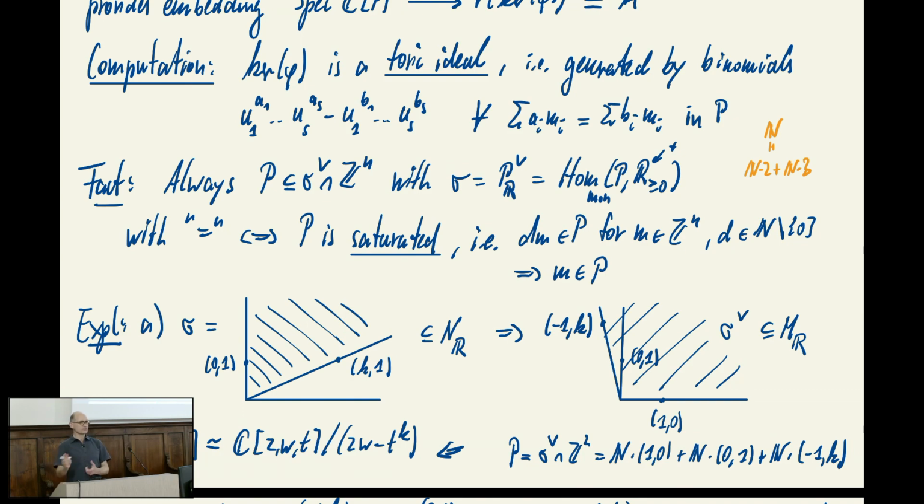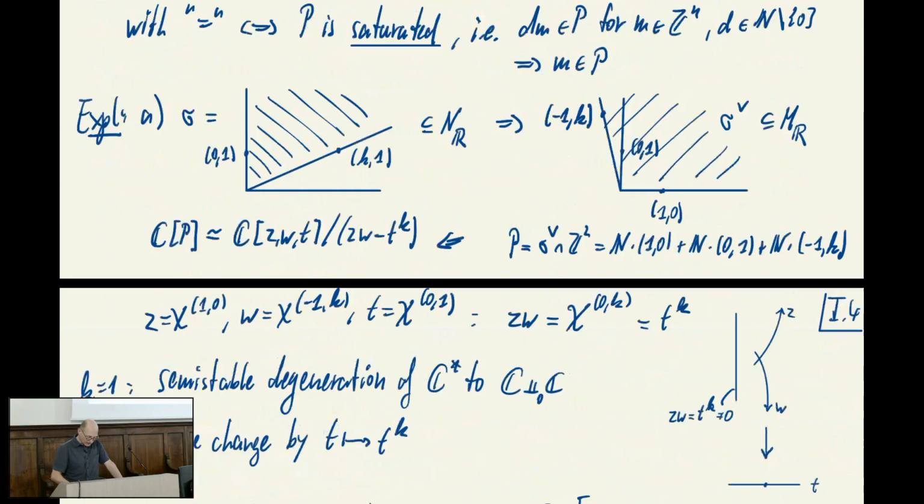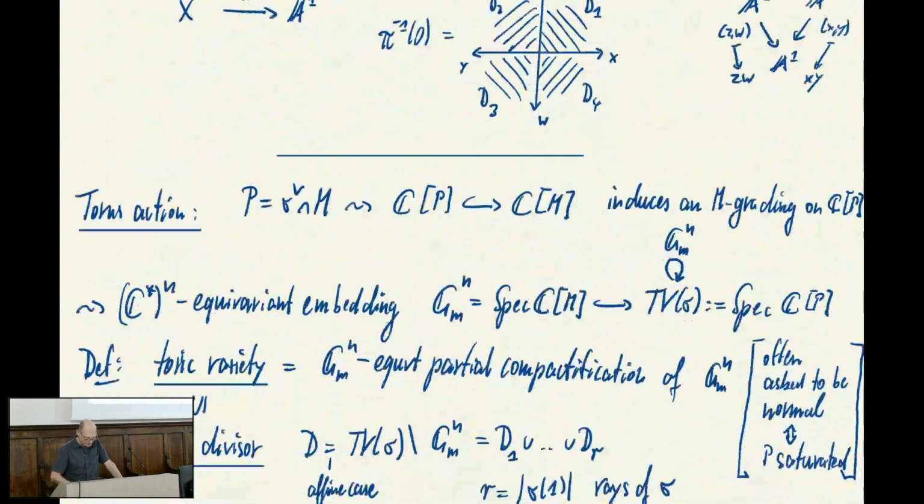This is missing the 1. The saturation would also contain the 1, and then you get the natural numbers, which gives the affine line. If you take the spectrum of this, you get Neil's parabola. If this is an x and this is a y, you get the equation x squared equals y cubed, and you get Neil's parabola. So we don't do that. From now on, all toric varieties will be normal.